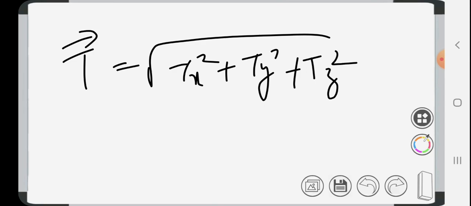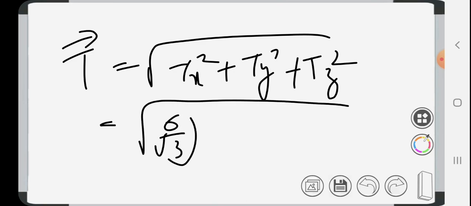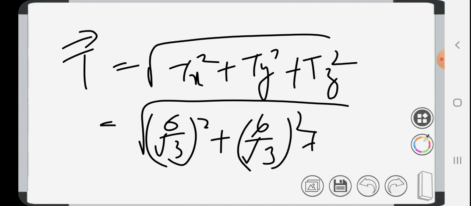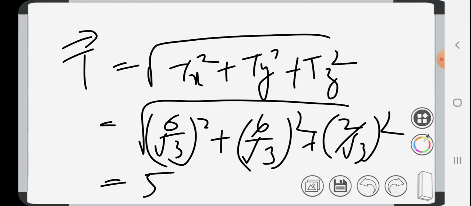So it will be 6 by root 3 square plus 6 by root 3 square plus 2 by root 3 square. 36 by 3 will be 12, 12 plus 12 is 24, 24 plus 4 by 3, and you will get around 5.03.